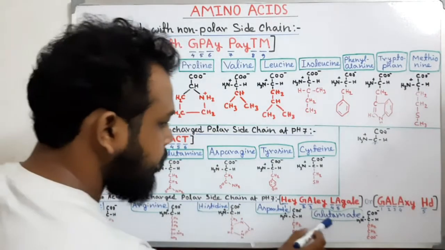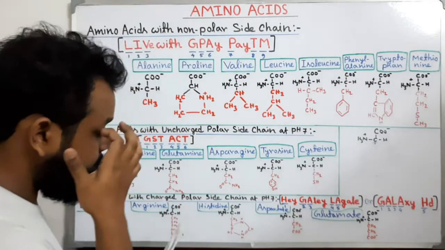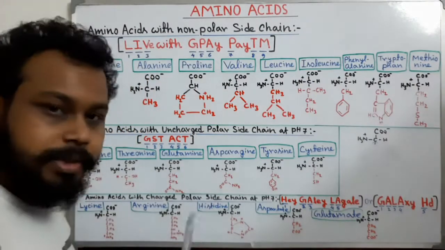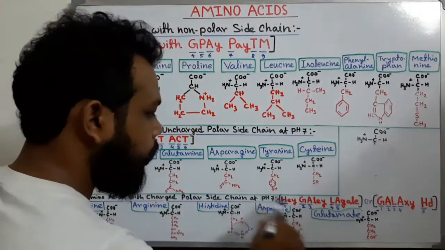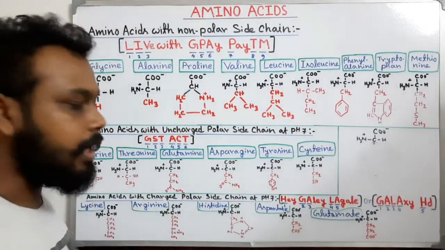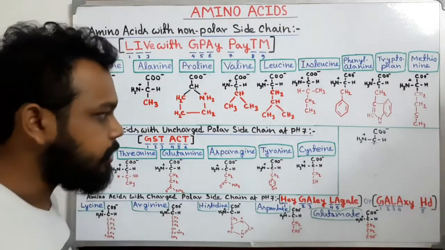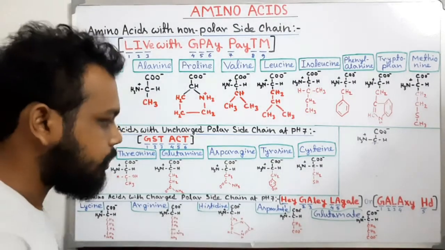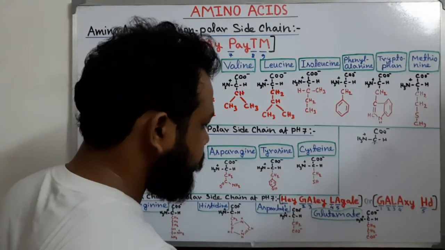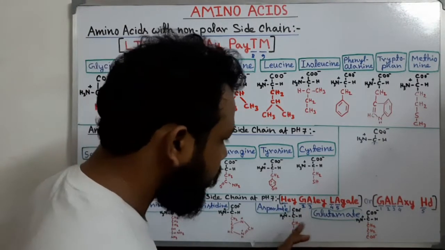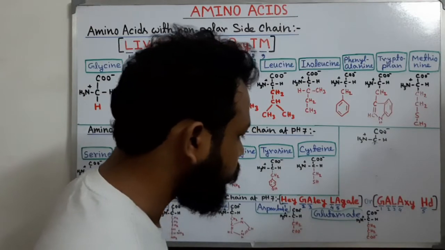Aspartate and glutamate are the charged polar side chain group. That means they have a charge and they are polar, so they are hydrophilic, lovable to water. Aspartate has one carbon less than glutamate.